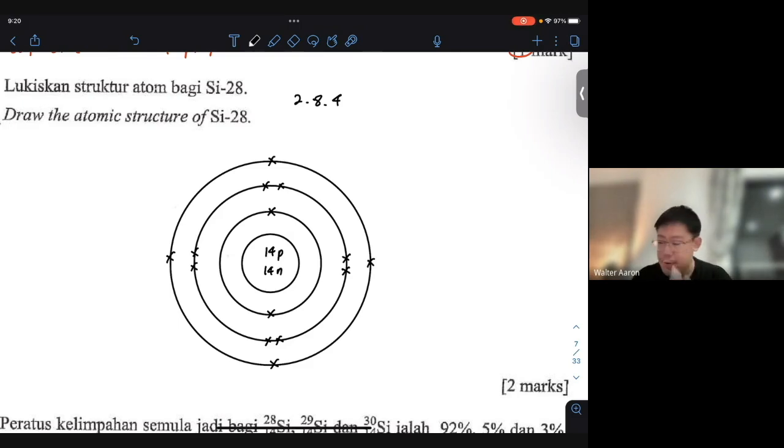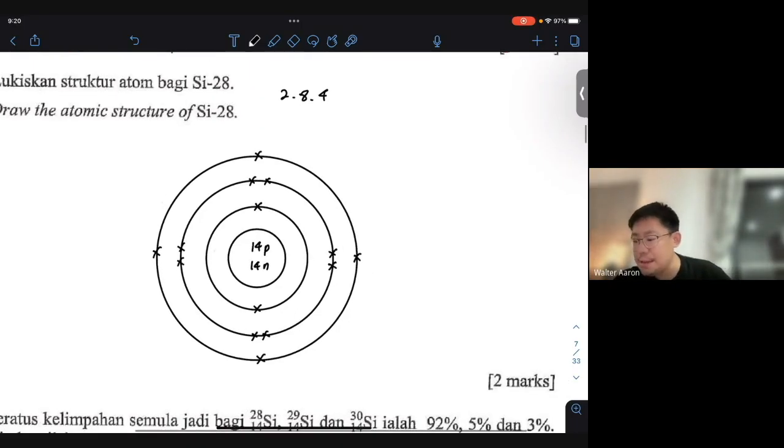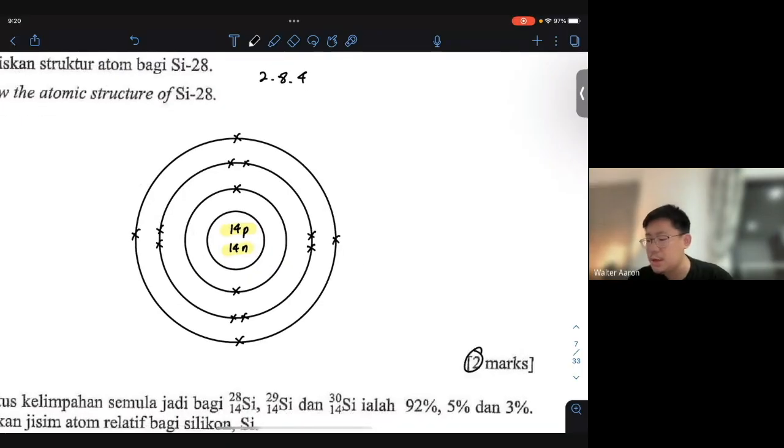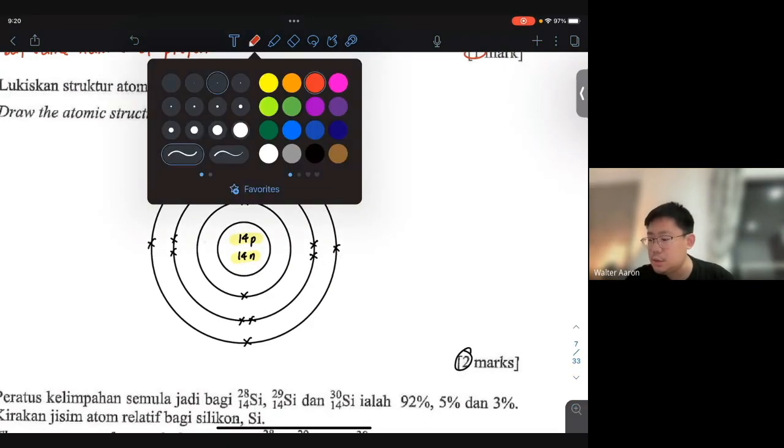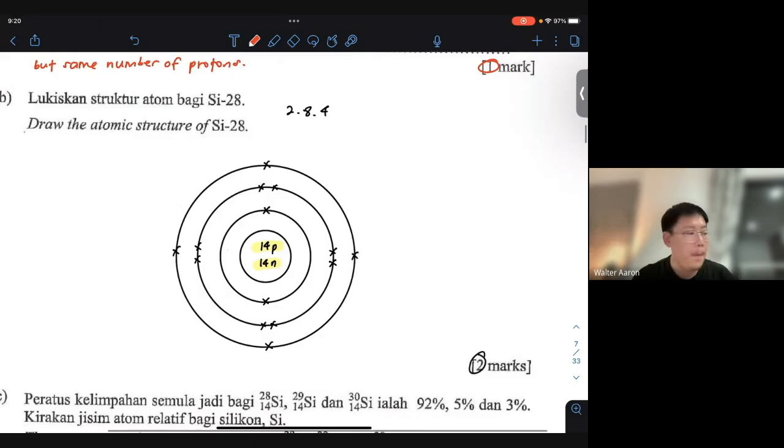It doesn't matter how you arrange the electrons, I can put them together also if you want to, but I'm just putting them separately to make it nicer. So if you indicate the protons and neutrons, you get 1 mark. Correct arrangement of electrons, you get another mark. So total 2 marks here. This is for silicon-28.